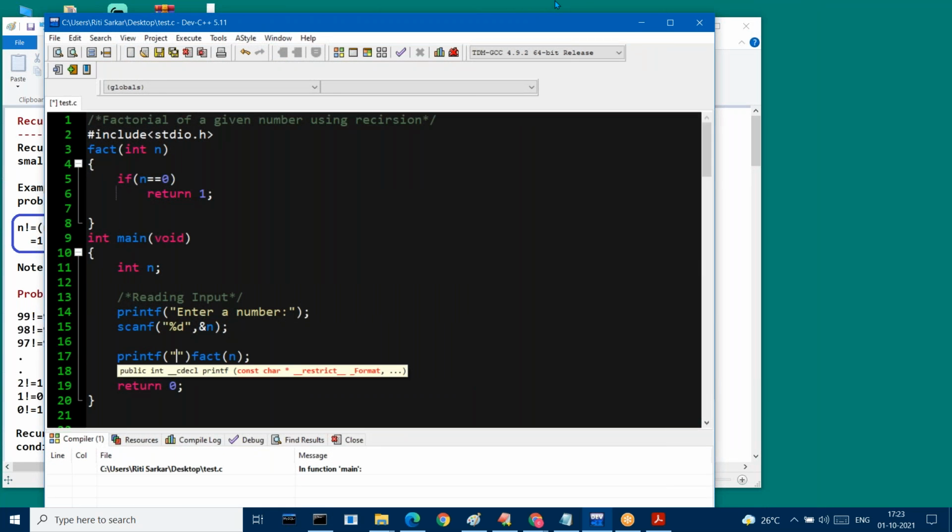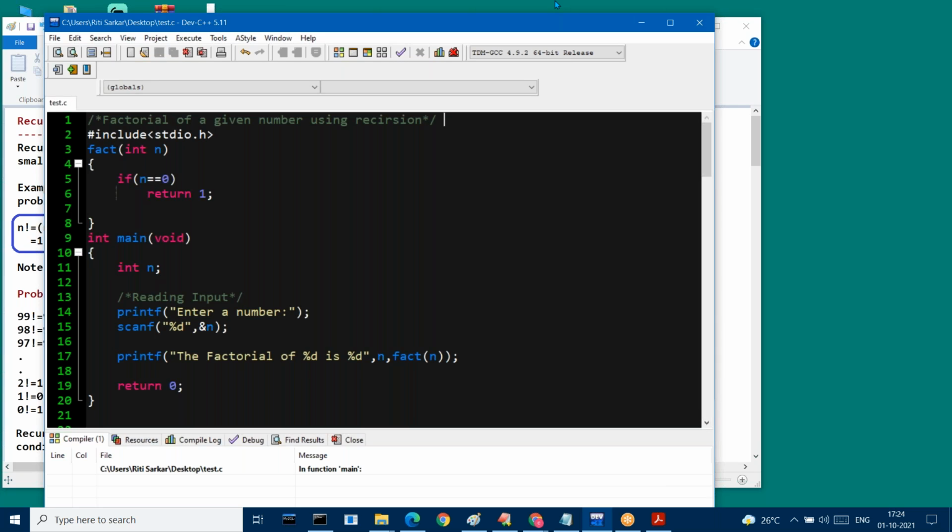Printf the factorial of %d is %d. The first %d means n. The second %d means this result, fact of n. Bracket close, story ends.